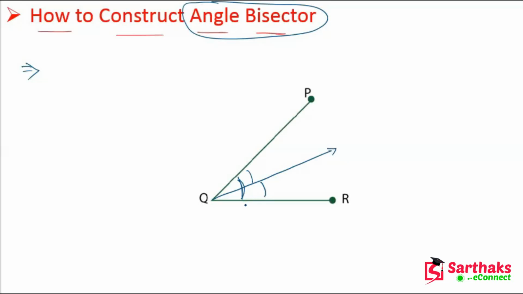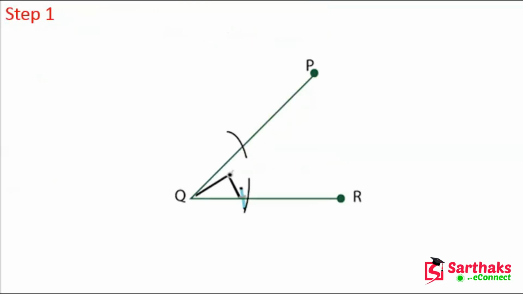You can easily construct an angle bisector using a ruler, compass and a pencil. Let's suppose we have an angle PQR. Now let's see the steps to construct the bisector.